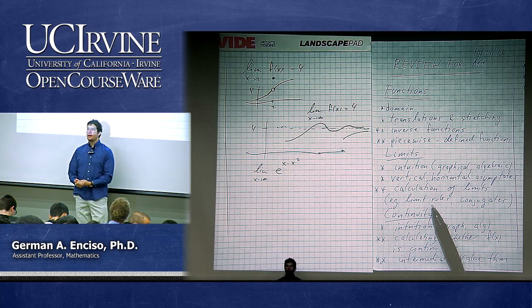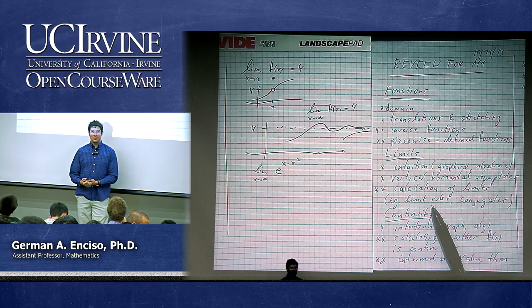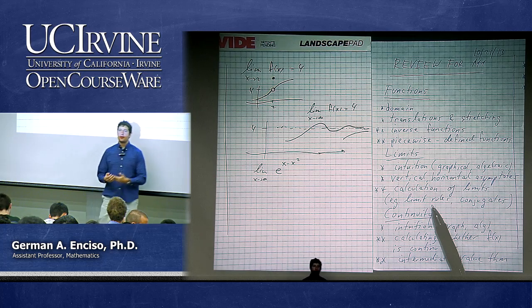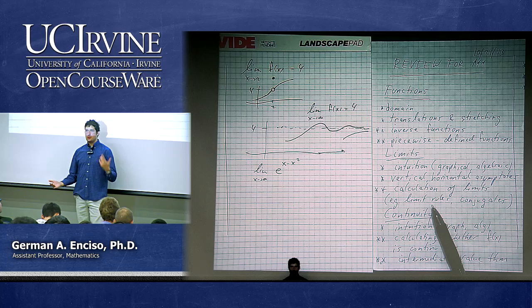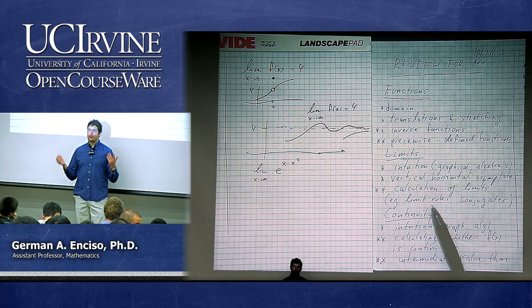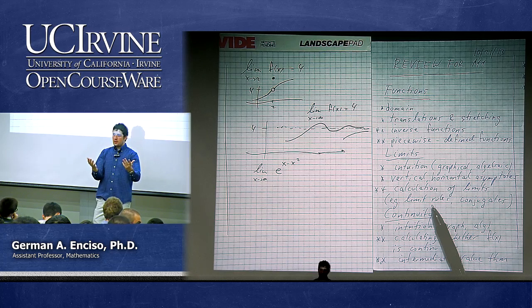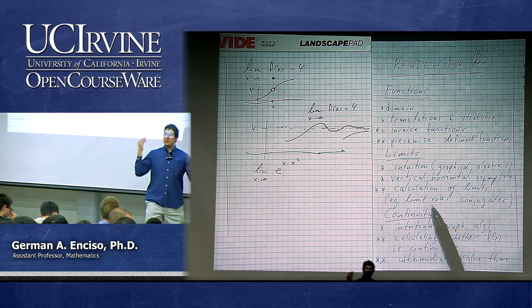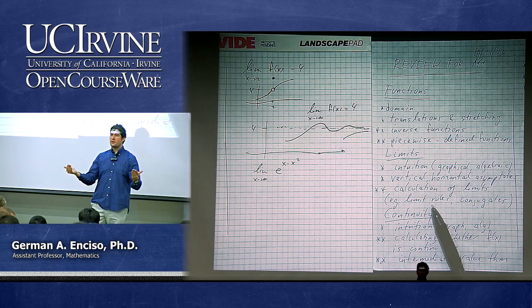Well, as it turns out, there are something called the limit rules that come with their own fine print. And the limit rules say something like this. If you have two functions, f and g, and they both have a limit as x approaches 2, then the limit of the function f plus g is equal to the limit of the function f plus the limit of the function g.